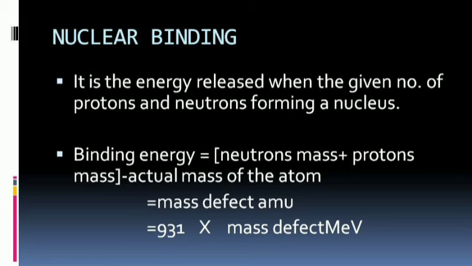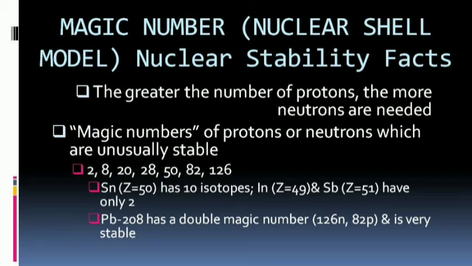Another factor is the magic number, which is also called the nuclear shell model. Like in electrons, where we understand the 2, 8, 18, 18, 32, 32 phenomena, similarly in the nucleus there is a magic number phenomenon. As we know the instability is due to the number of protons and neutrons, so certain numbers are relatively specific for unusual stability.